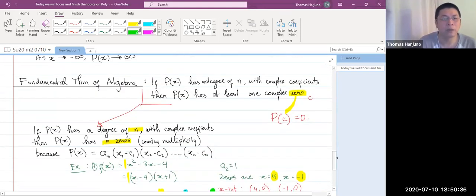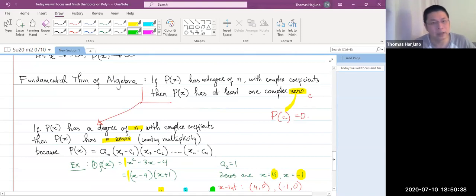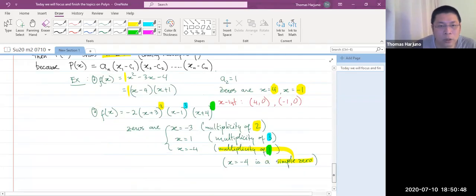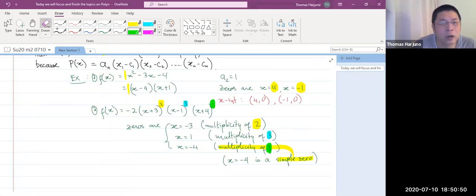Coming back here, the fundamental theorem of algebra tells us how many zeros a polynomial has. It also means how many zeros we need to look for. So like this polynomial in our last example, what is the degree?